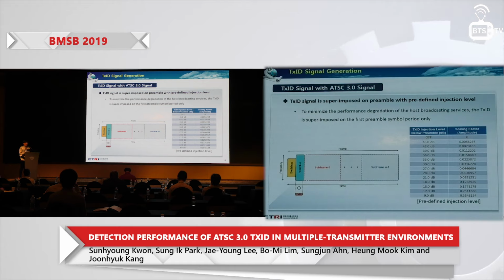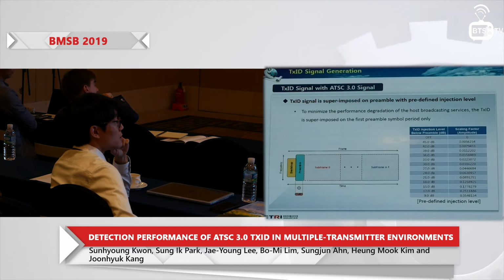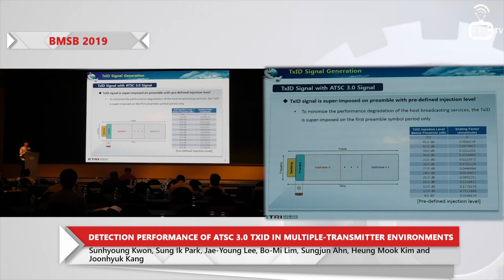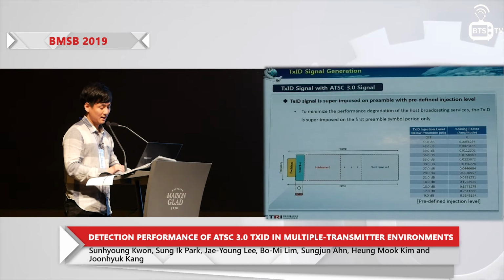So TxID is added to the host ATSC 3.0 signal from the beginning of the first preamble symbol in the time domain, which means just right after the end of the bootstrap. The allowable TxID injection levels are defined in the specification as shown in the table, which are from 9 dB to 45 dB, and also include an option for disable.